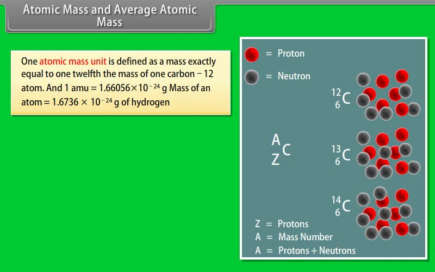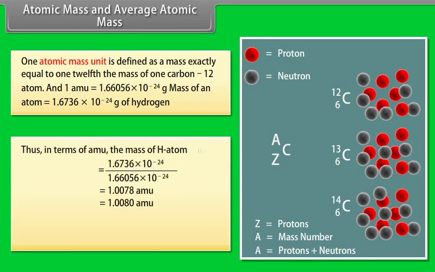Mass of a hydrogen atom is equal to 1.6736 × 10^-24 gram. Thus, in terms of AMU, the mass of each atom is equal to 1.6736 × 10^-24 divided by 1.66056 × 10^-24, which is equal to 1.0078 AMU, which equals 1.0080 AMU.